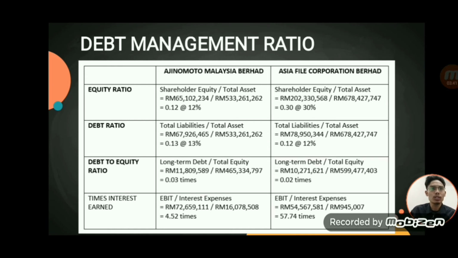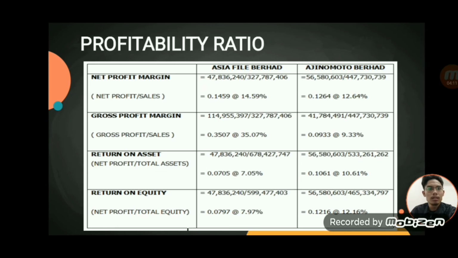The debt to equity ratio indicates how much a firm relies on debt to finance its operations rather than only on funds. For the times interest earned ratio, Asia File Corporation Berhad has a better ratio compared to Ajinomoto Berhad. The times interest earned ratio is used to determine a company's ability to pay its interest costs.